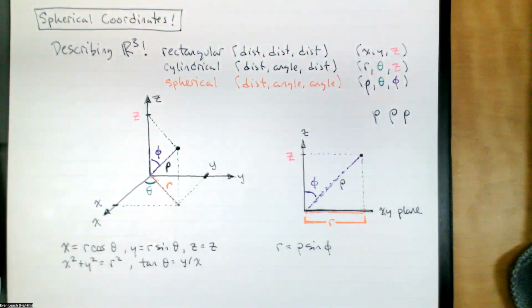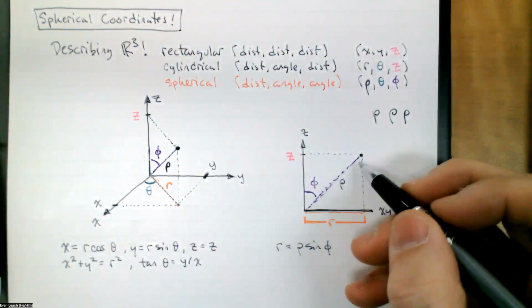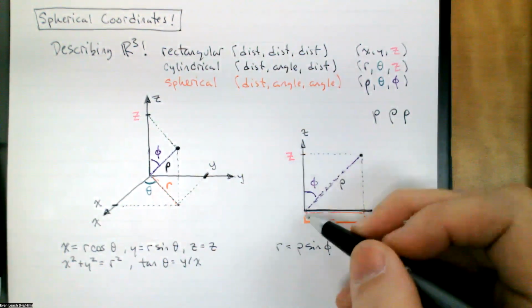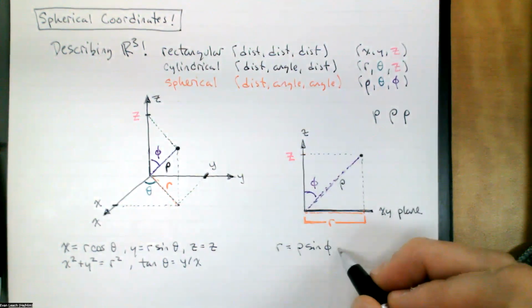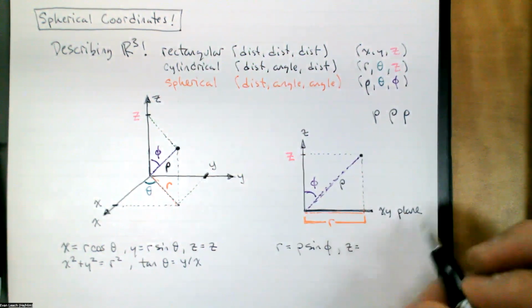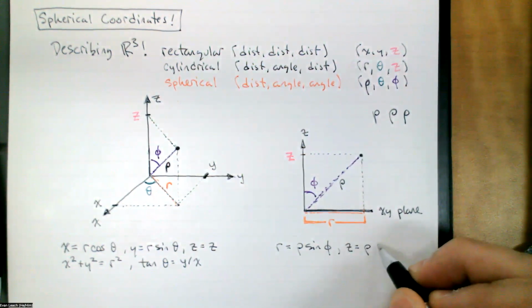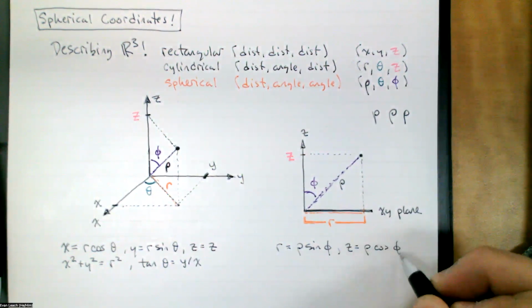We can also see how z is related to rho and phi. We can see that z is adjacent to phi with rho as a hypotenuse. So we could say that z is rho times the cosine of phi.